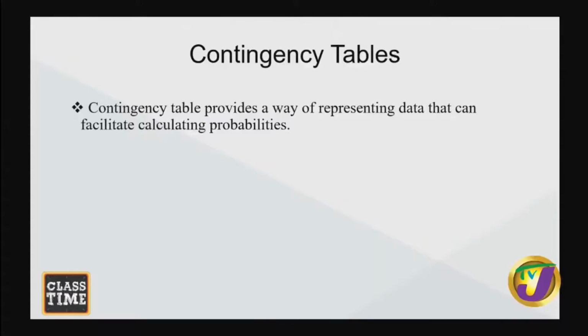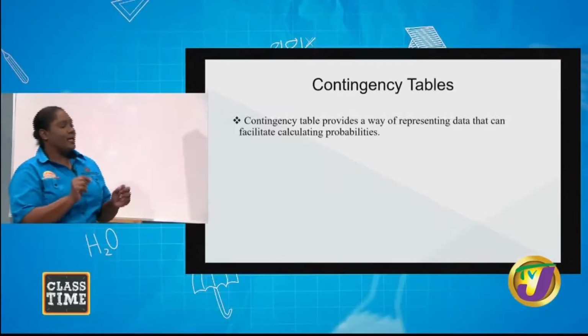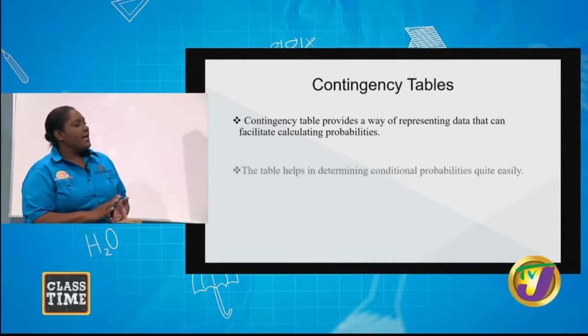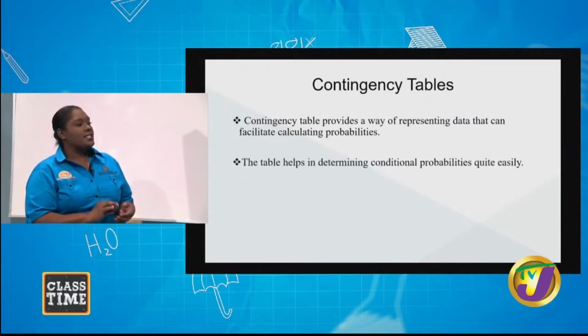A contingency table provides a way of representing data that can facilitate calculating probability. In other words, it presents information, and we can use this information to calculate probabilities. The table helps in determining conditional probabilities easily.